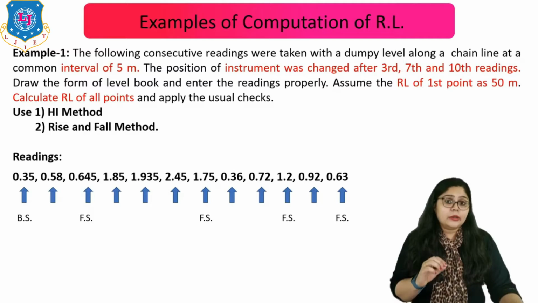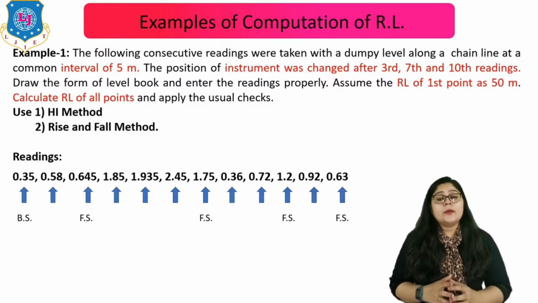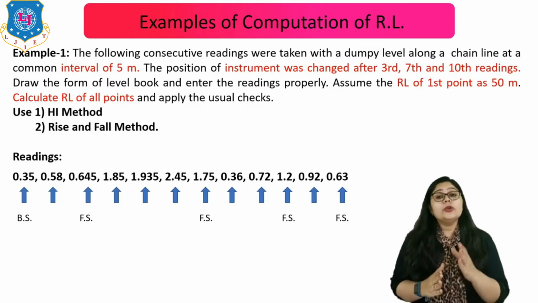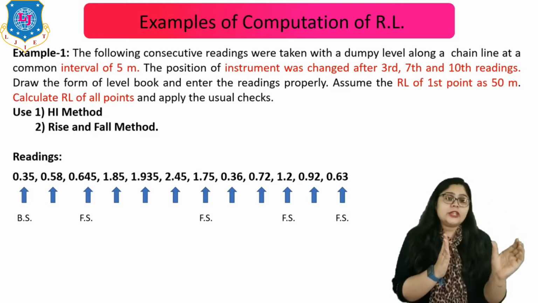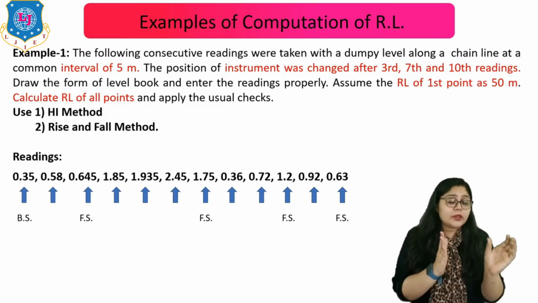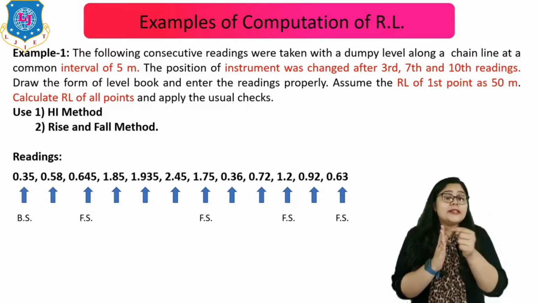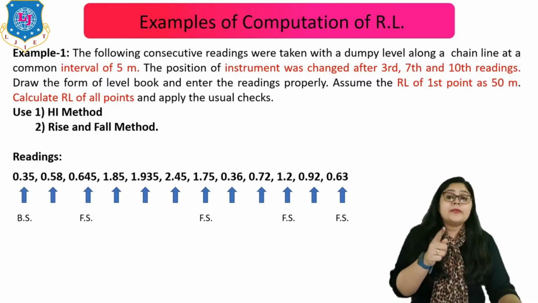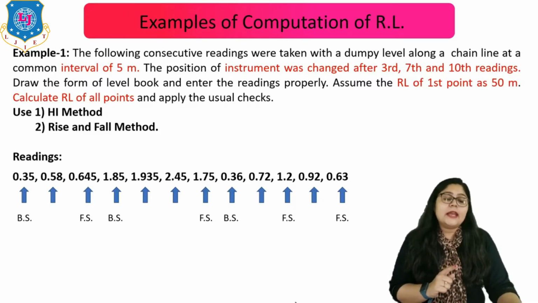This is very important. Once you identify the FS, it means the change point comes into the picture. Whenever you take the FS at a particular station, after that you are going to change your instrument. It means whatever the first reading you take is known as the BS, but on the same station. So after the FS I have to simply write the BS, as you can see on this screen, right?